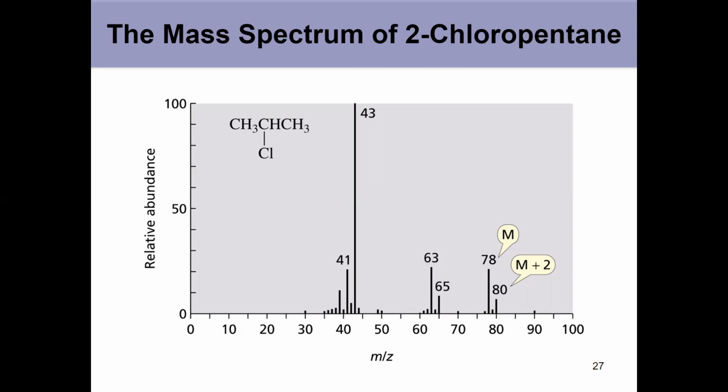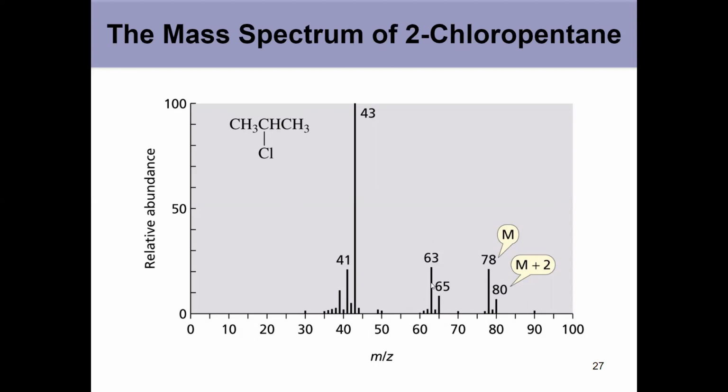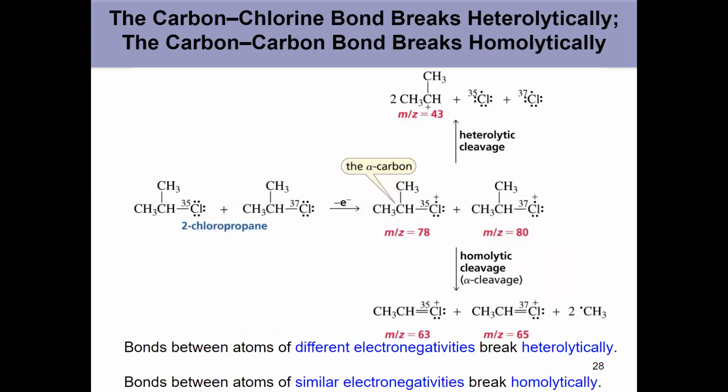So the carbon-chlorine bond breaks heterolytically. Both of the electrons go to chlorine, but the carbon-carbon bonds break homolytically, right? Which is why we see peaks at 63 and 65 here. Another set of peaks where we see M and M+2 at a 3-to-1 ratio is more of a clue for the presence of chlorine. And this is what that looks like.